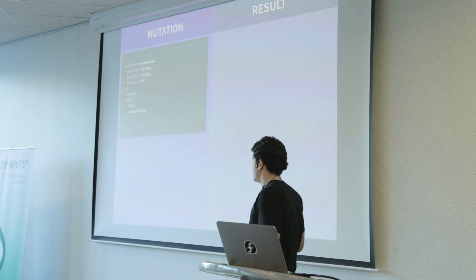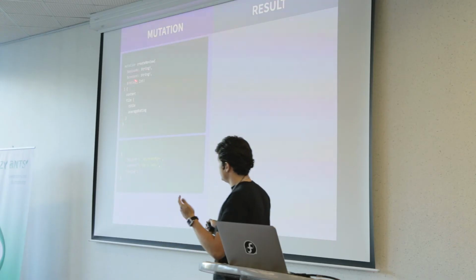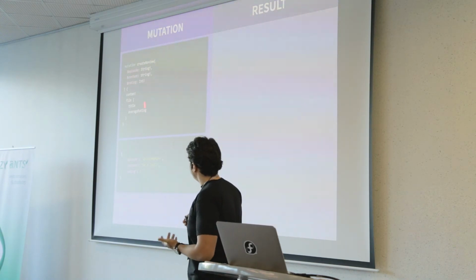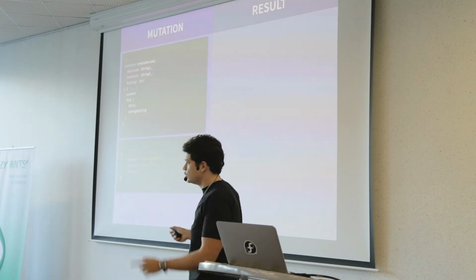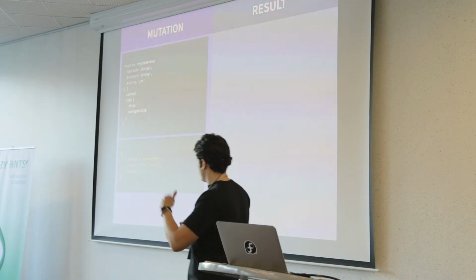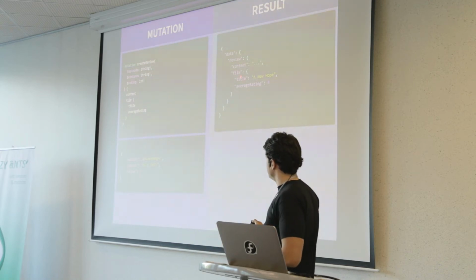So let's see a more real example of how this mutation is going to work. So we have now episode, content and the rating, which is an integer, how many stars we are giving to this movie. And then we are passing the ID of the episode, which we already got before in our pagination, for example. And then the content and the rating, 5 stars. And then the server is going to return something like this for me.